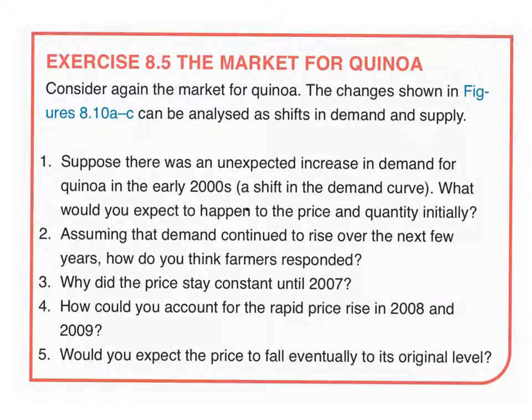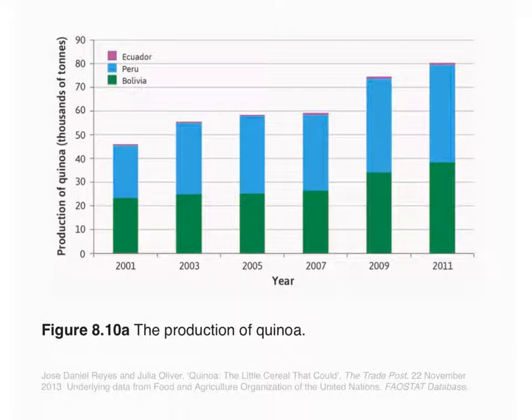So here we go. First, let's look at the figures that are being referenced. We see that production of quinoa went up from 2001 to 2011. We also see quinoa is grown in Peru and Bolivia, maybe a teeny bit in Ecuador, but it's a crop that's special to the Andes.